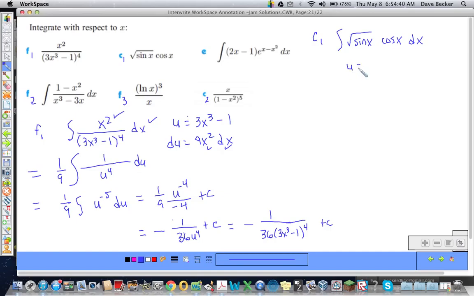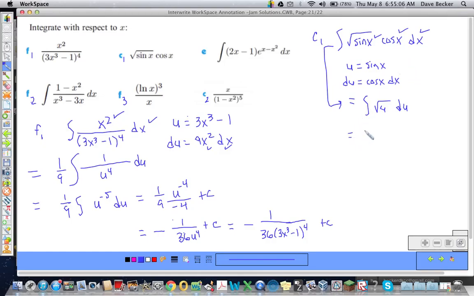Very simple. u equals sine x, du equals cos x dx. So that means this is equal to the integral of root u du. And since when I do root u, I've taken care of the sine x, and the du takes care of cosine x and the dx.